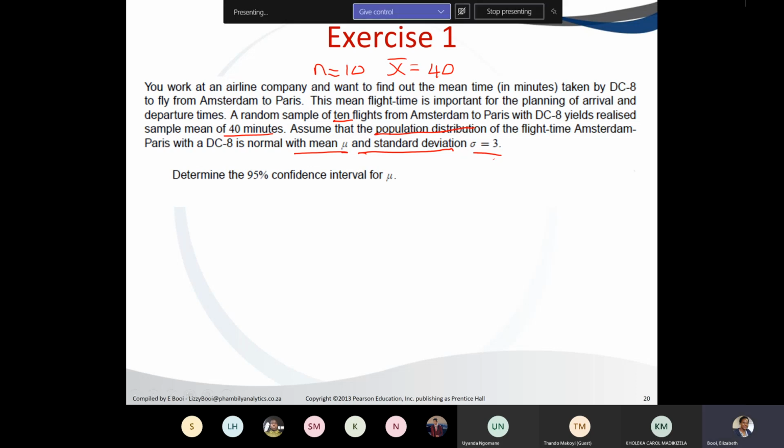Determine a 95% confidence interval. So that's your exercise: x bar plus or minus your critical value, z alpha divided by 2. At 95% confidence, by now you should know that it's 1.96, your critical value, times the standard error.